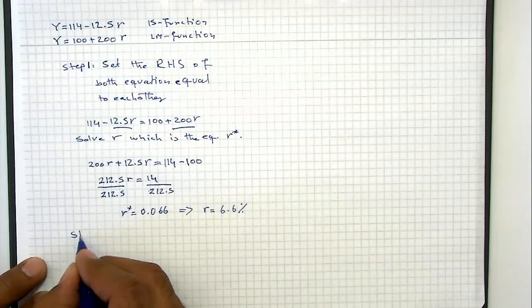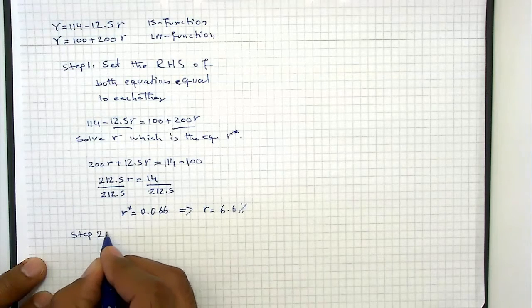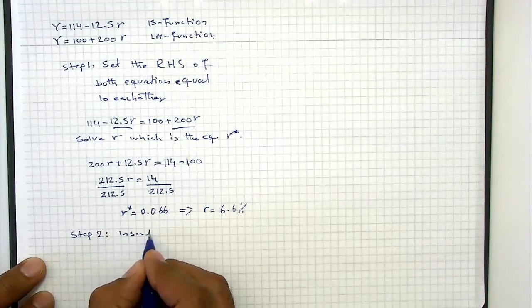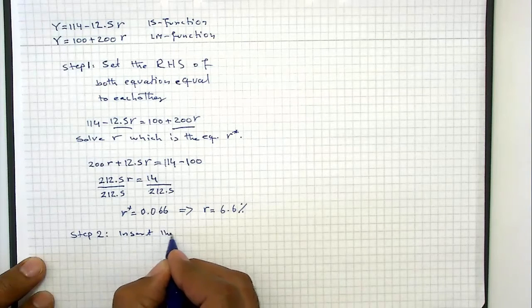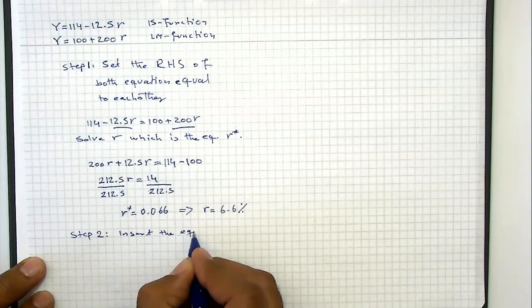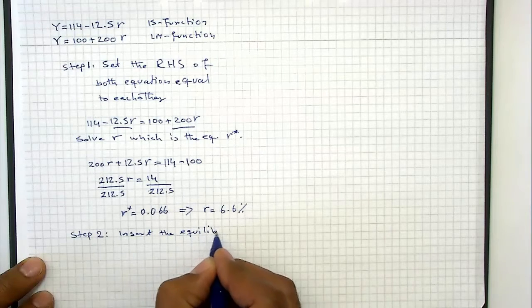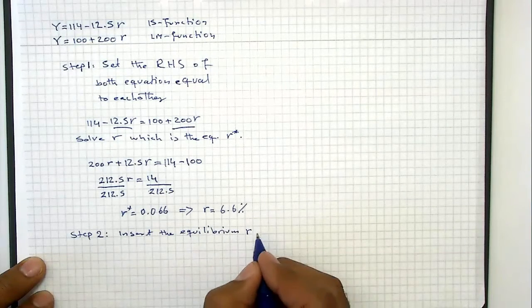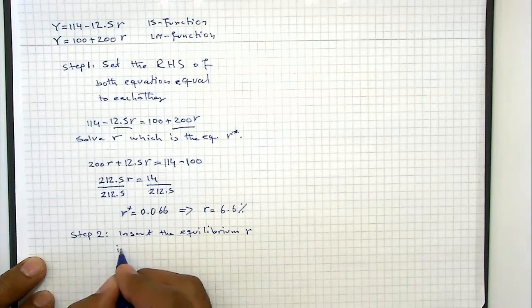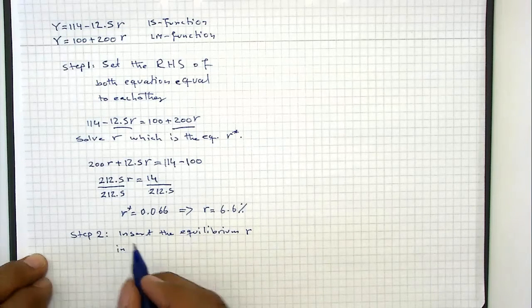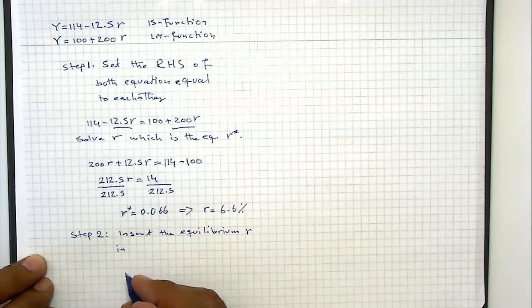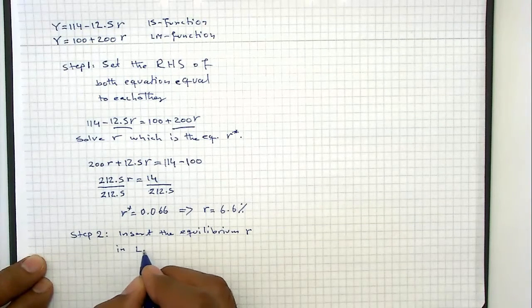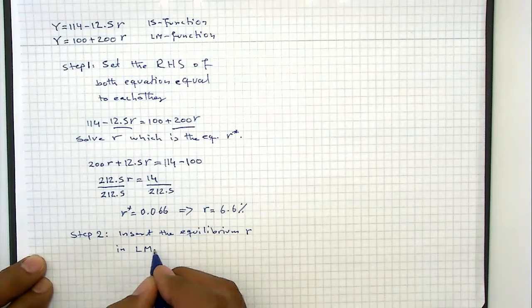In the second step, you insert the equilibrium r in one of the functions above. I choose the LM function, it seems easier.